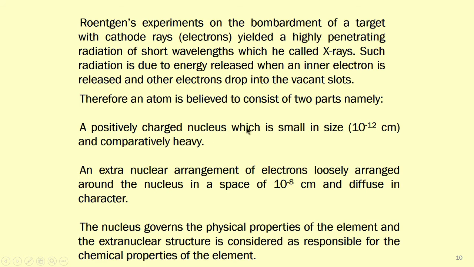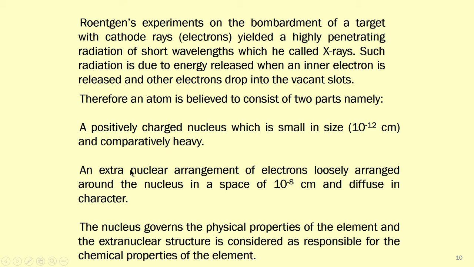So, the atomic structure current theory is, we believe that the atom consists of two parts, namely a positively charged nucleus which is very small in size, approximately 10⁻¹² centimeter, okay, and it is comparatively heavy with respect to the electrons.